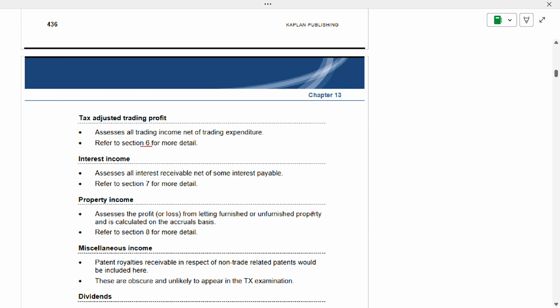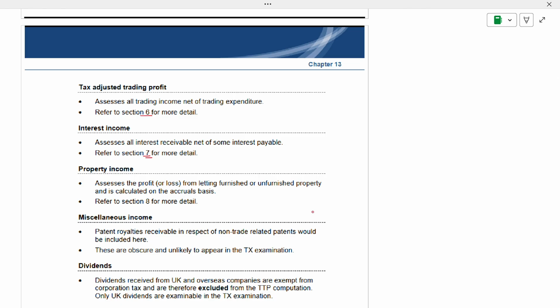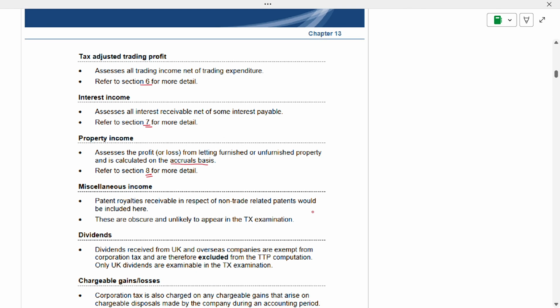What is a tax adjusted trading profit? It assesses all trading income, net of expenses and expenditure. We'll cover it in more detail. Interest: assess all interest receivable, net of interest payable, in section 7. Property income is from letting furnished or unfurnished property, calculated on the accrual basis. We'll cover it in section 8.